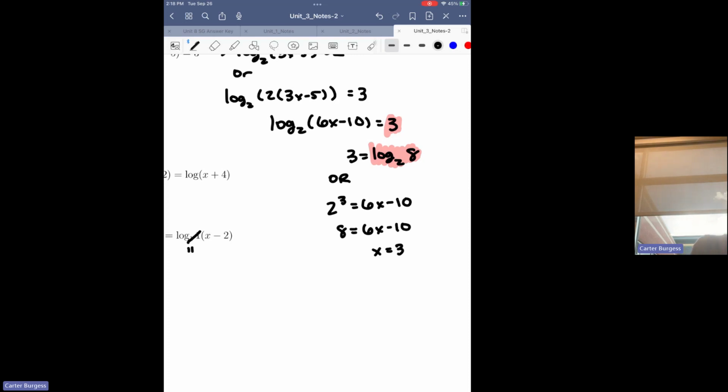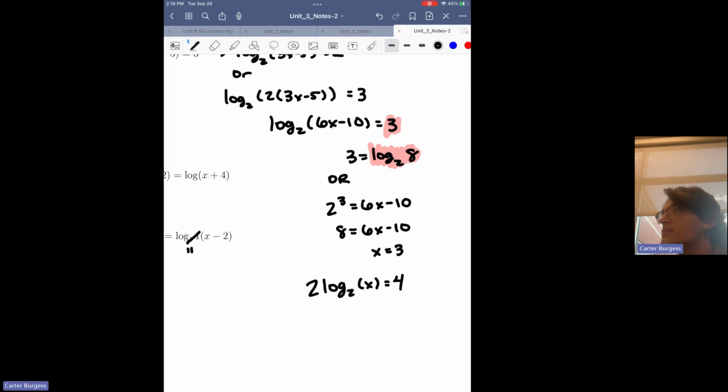So a good example of that would be if I looked at 2 log base 2 of x is equal to, we'll say, 4. All right. I could start this off by dividing by 2 on both sides. That would work. But what else could I do here?